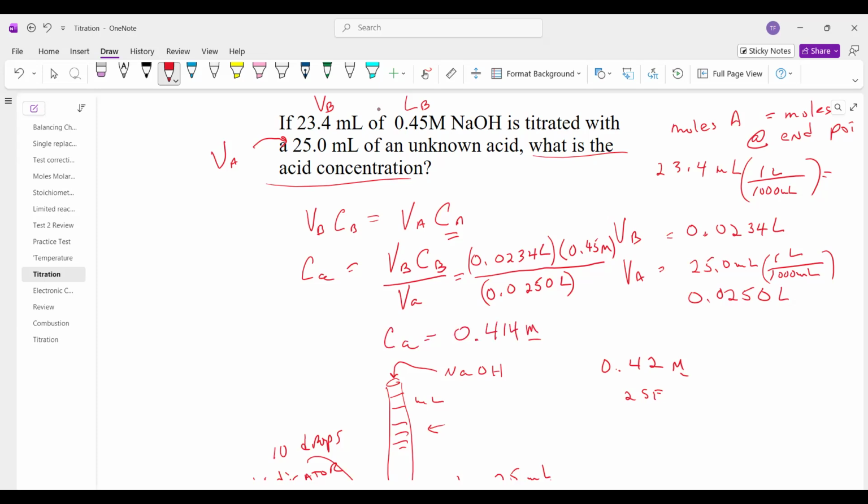So the unknown concentration of the acid is that. A lot of little parts to titration.